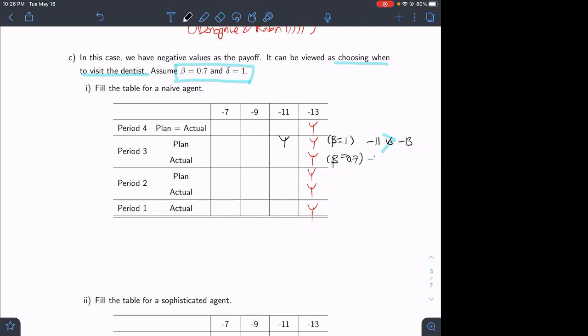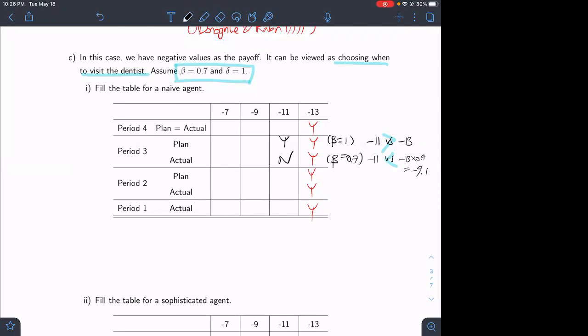So I need to compare -11 versus -13 times 0.7, which is -9.1, I guess. And then we can see that -9.1 is larger. So the naive agent is not gonna visit the dentist.